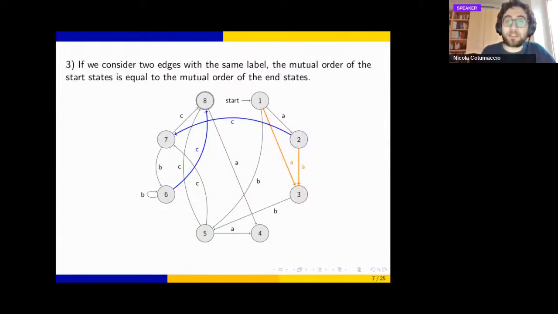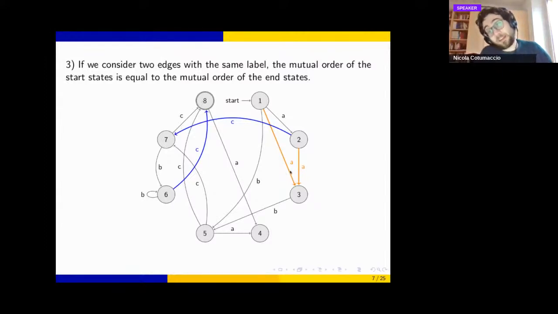And the last property that I require is that if I consider any two edges with the same label, then the mutual order of the start states should propagate to the mutual order of the end states. So for example, if I pick this edge and this edge here, then I have that 2 is smaller than 6, and consistently I have that 7 is smaller than 8.